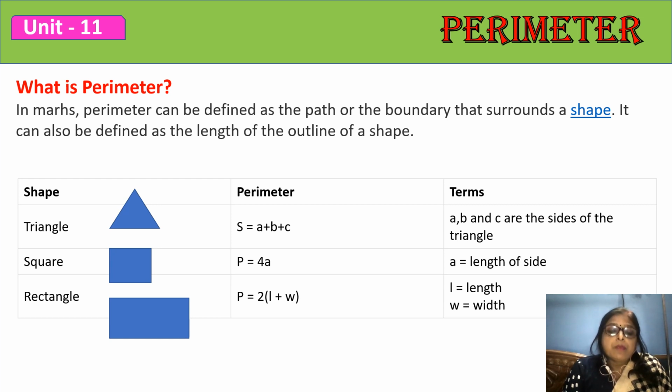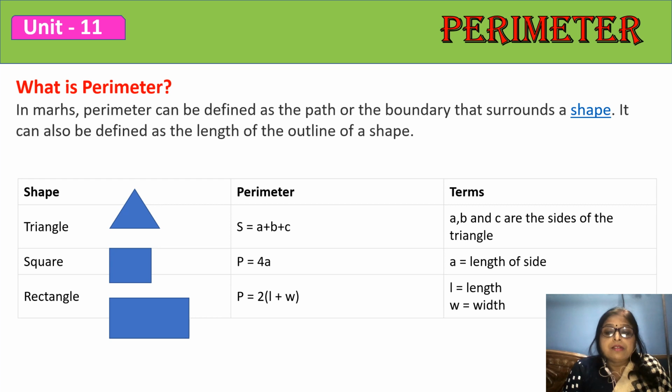Suppose this shape is a triangle, then the sum of all the sides is the perimeter, and you can denote it by S equals A plus B plus C. Here A, B, C are the sides of a triangle.